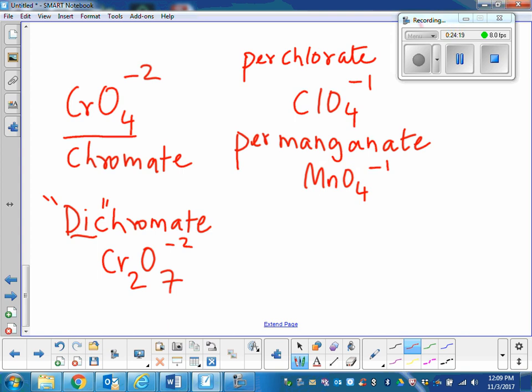Natalie? Yeah, chromate and dichromate, you have to write it out and see what it is. It's not like phosphate because the charge is a -2. So 4 times 2 is 8. Chromium is a 2. Di means 2 chromates.